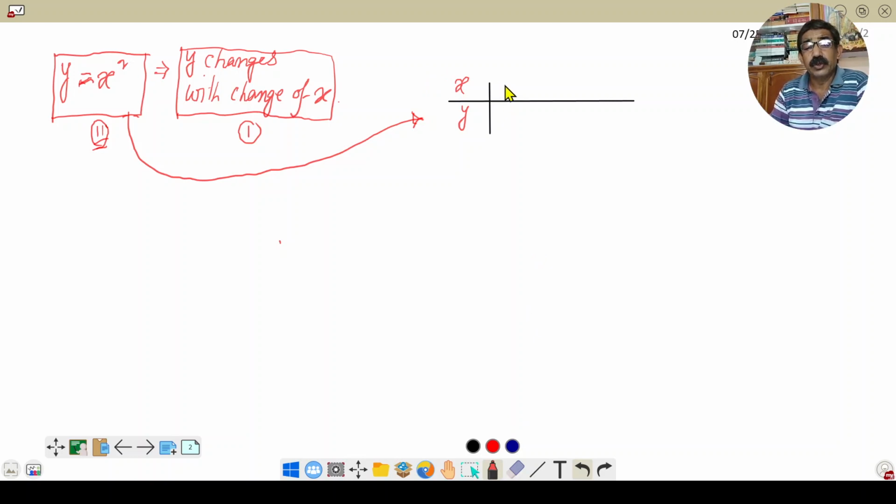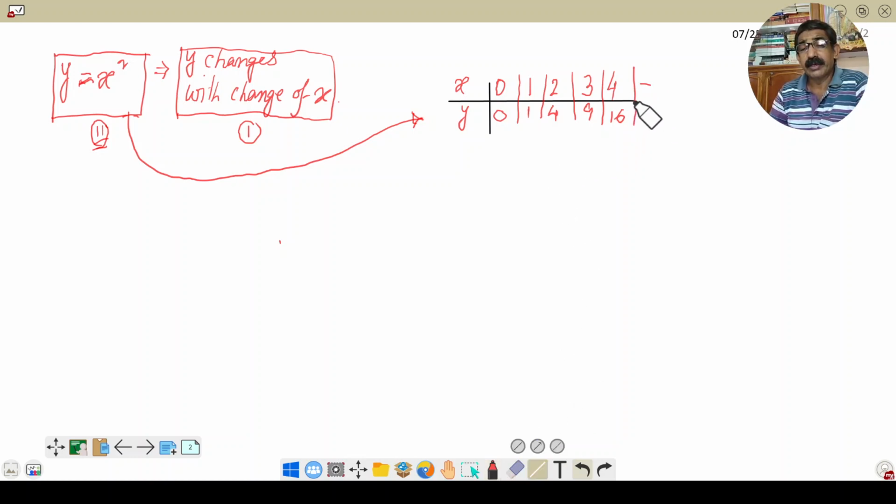When x is equal to 0, y is equal to 0. When x is equal to 1, y is equal to 1. When x is equal to 2, y is equal to 4. When x is equal to 3, y is equal to 9. When x is equal to 4, y is equal to 16. And when x is equal to minus 1, what will happen?